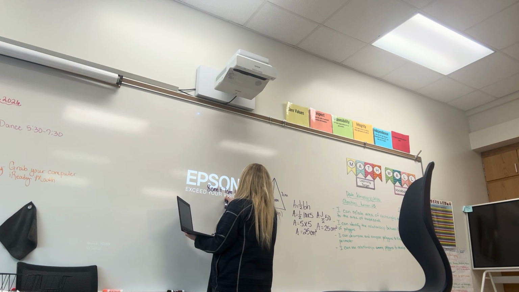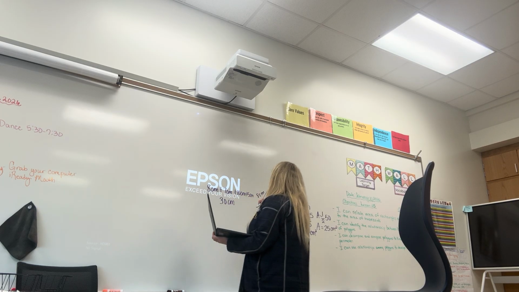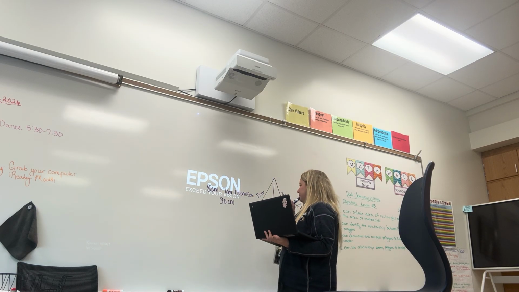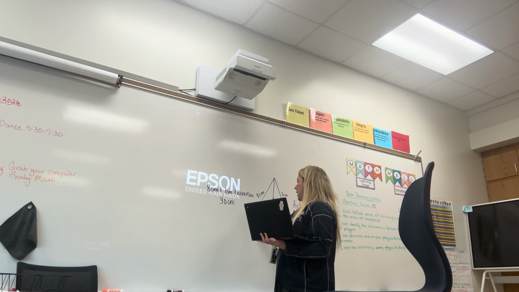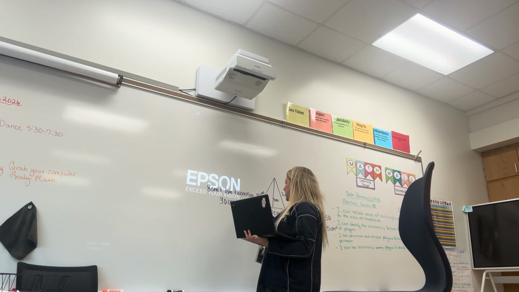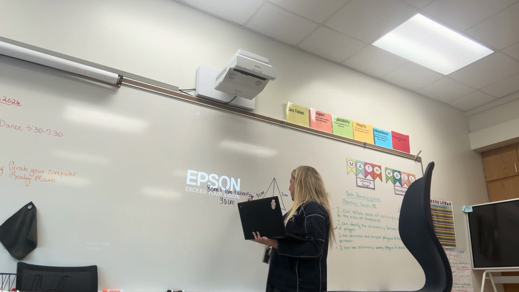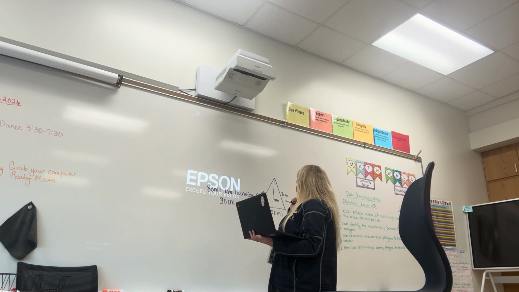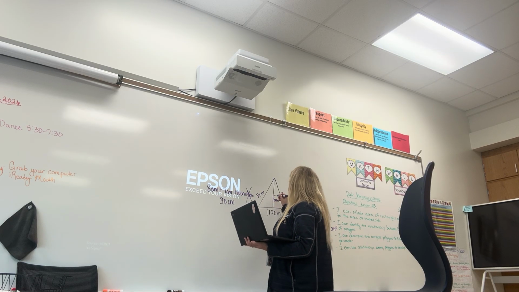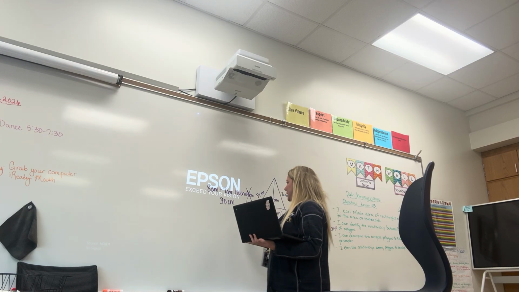So 15, 22, that's 30 centimeters. Does that look right? No, because it said the sides, the outside. I included 4 numbers here. I added an extra number. Oh no, I don't use height. I need to redo this.